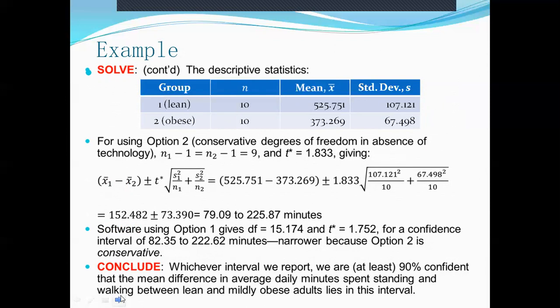The standard deviation for the lean group was 107.121, and the standard deviation for the obese group was 67.498.